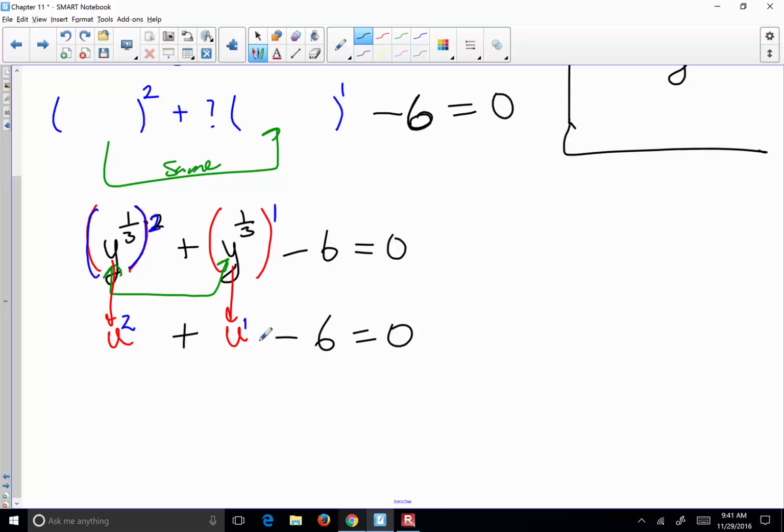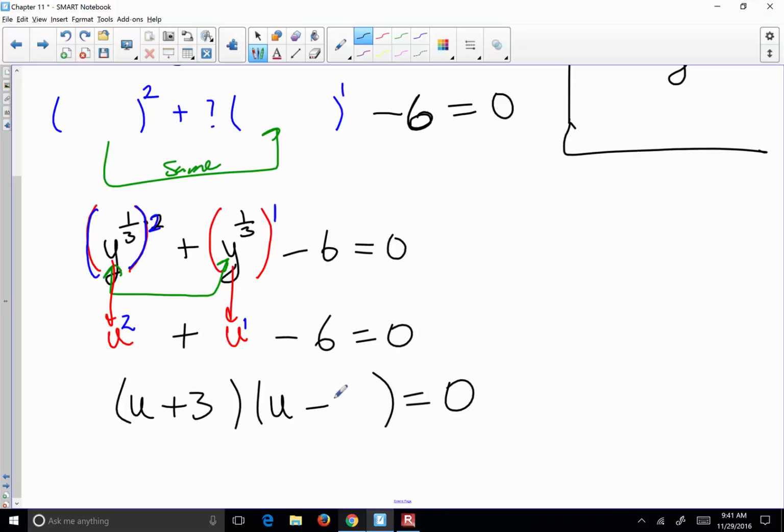Question is, how do I solve this brand new problem? u squared plus u minus 6. What is the easy way? Yes, factor. Factor first. If it doesn't work, use the canon, which is the quadratic formula. Alright, how does this factor if it factors? u plus 3 and u minus 2.